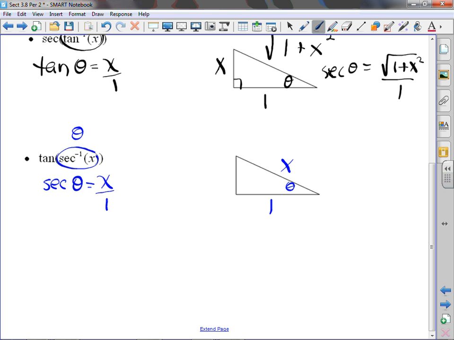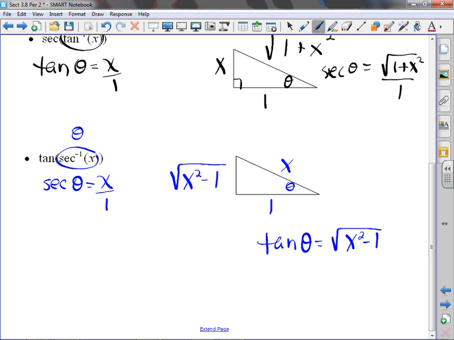And now be careful, what's this going to be? It's not 1 minus x squared. X squared minus 1. Good job. And then I want the tangent of my angle. So the tangent is the opposite leg over the adjacent leg. They're all identities. I don't memorize them, I just work them out.